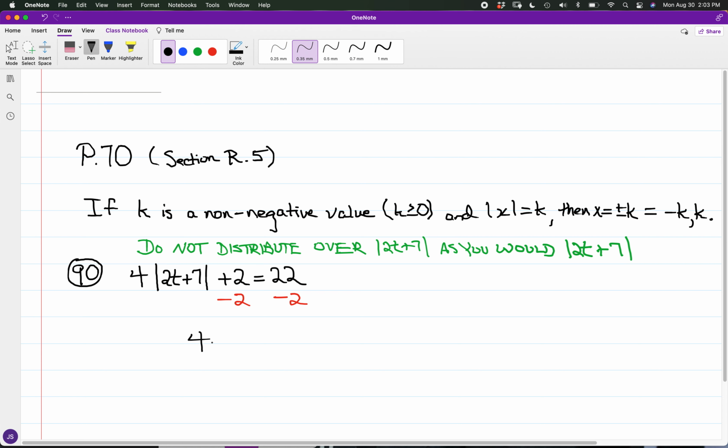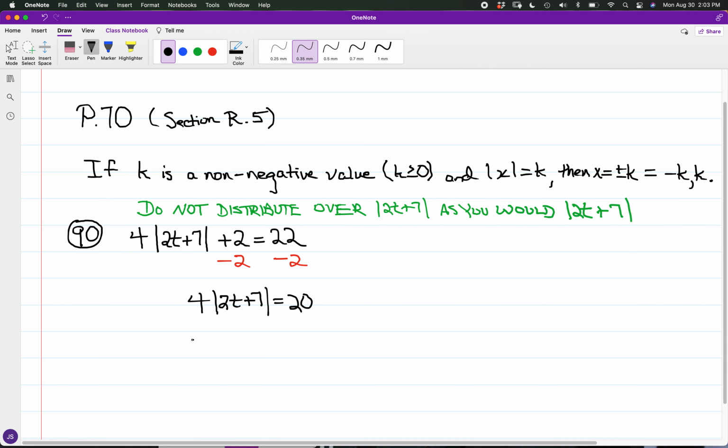So I have 4 times the absolute value of 2t plus 7 is equal to 20. To take care of the 4, I'm going to divide both sides by that amount.